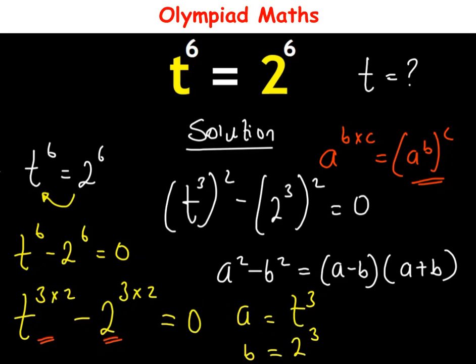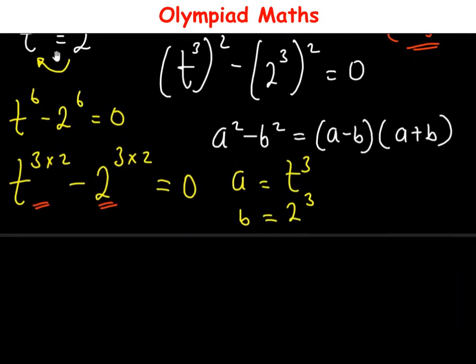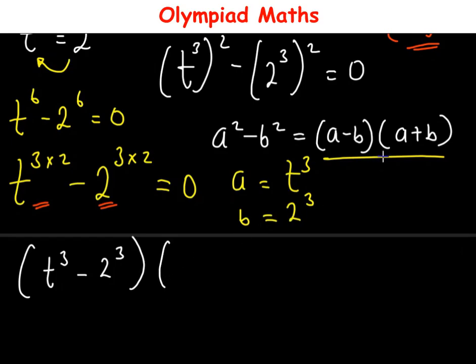So expanding this using this format, this is then equal to, in brackets, t to the power of 3 minus 2 to the power of 3, all multiplied by t to the power of 3 plus 2 to the power of 3, is equal to 0.